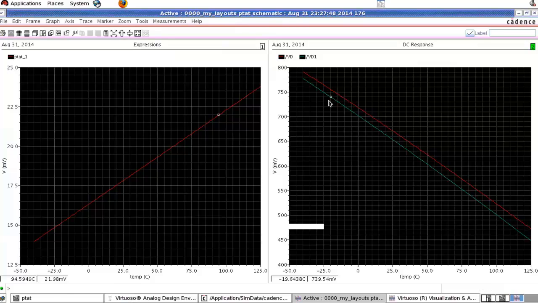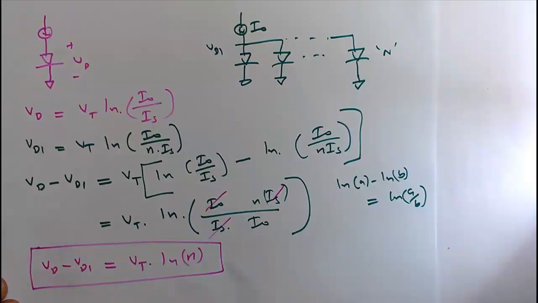So these two voltages are the voltage across the diodes individually, and this voltage, the graph on your left side, is the difference between VD and VD1, and we said that difference is equal to VT ln n, where n is the number of diodes in parallel.